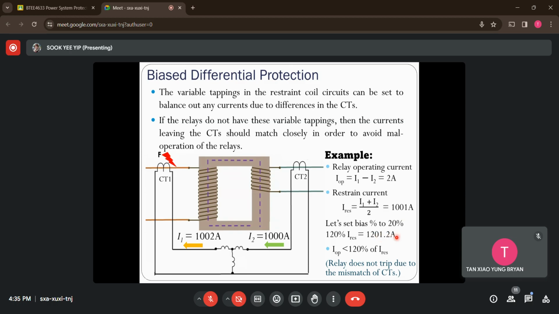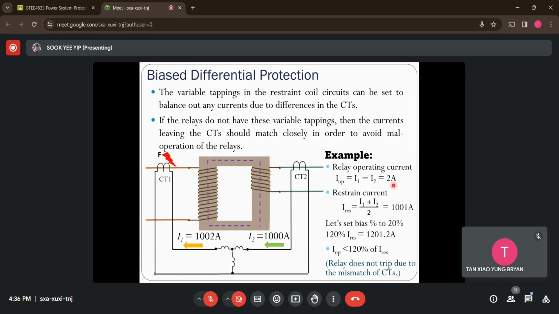Okay, so now let's compare the operating current and the restraining current. Now, the operating current, this differential current, is less than this, right? So in the event the differential current is less than 120% of the restraining current, the relay will not work to trip the transformer. Why? Because this time it is not an internal fault, it is an external fault, causing the operating current here to not be equal to 0.